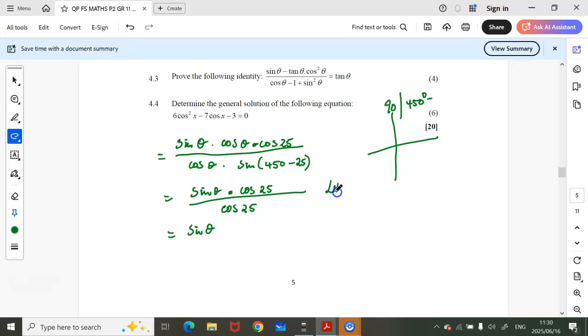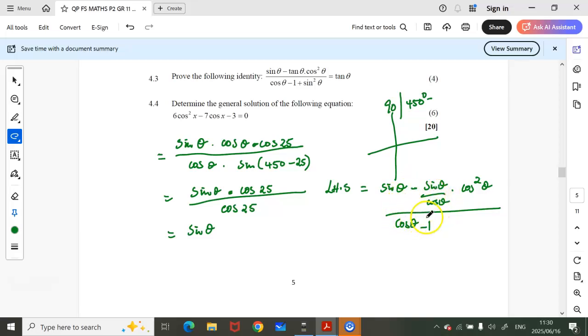I'm going to deal with the left hand side, which in this case I've got sine theta, then tan, according to identities, remember these are identities, is sine theta over cos theta, right? And then we have cos squared theta all over cos theta minus 1.